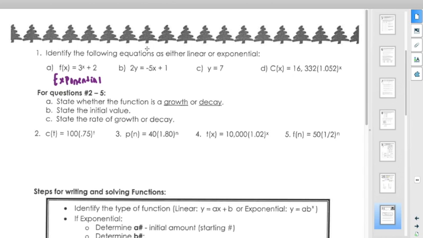Exponential because of that x. 2y equals negative 5x plus 1, linear. y equals 7. Linear or exponential? Definitely linear. This would be a horizontal line at 7. So this is linear. And here's c. Whoa. Exponent of x. Definitely exponential.